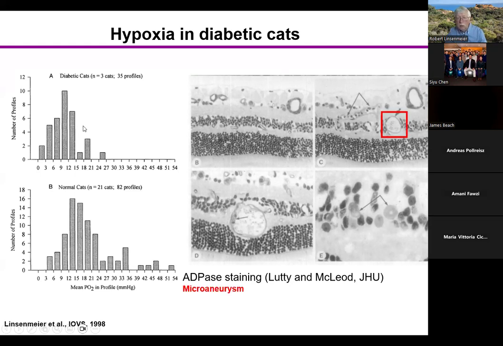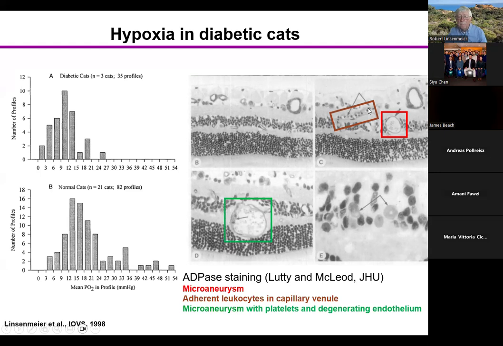And what they saw were microaneurysms, adherent leukocytes in capillary venules, microaneurysms with adherent platelets and damaged endothelia, as well as acellular capillaries with thickened basement membrane. So we know that in areas with vascular abnormalities, we are certainly seeing some hypoxia.